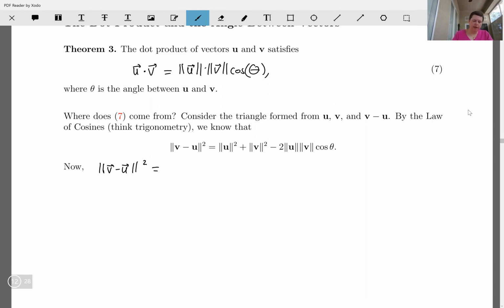So the magnitude squared from above, we know that that's just the dot product of the vector with itself.